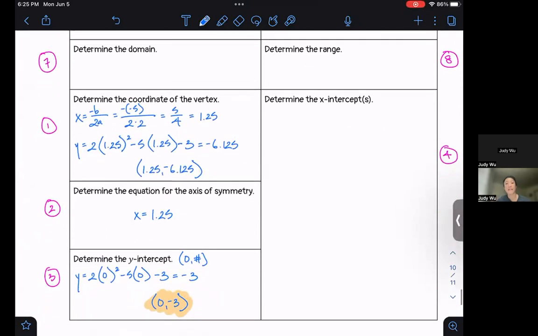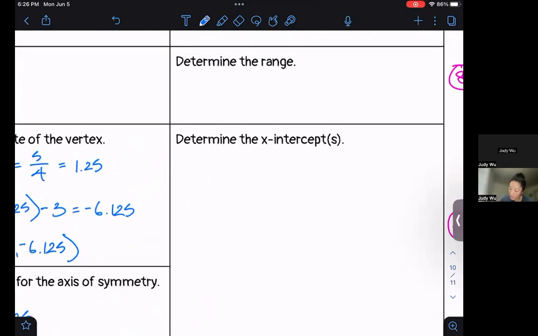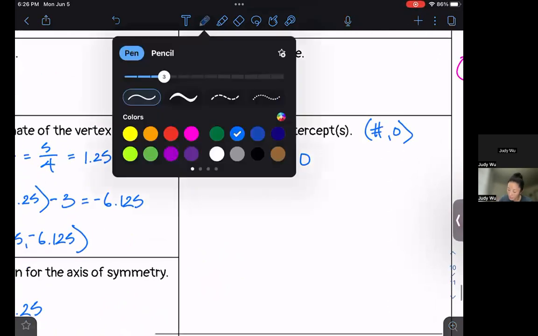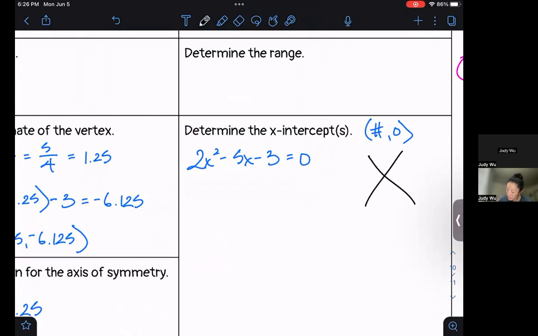All right. Let's determine the x-intercept now. We have to take our function and set it equal to 0 because our x-intercept is a number, comma, 0, right? The y value is always 0. All right, let's set up to factor. We take a times c, and we put that in the top, so 2 times -3. We take our b value, we put that on the bottom.